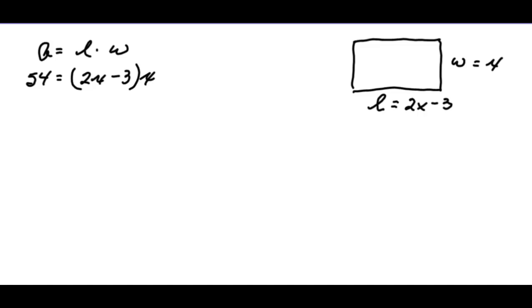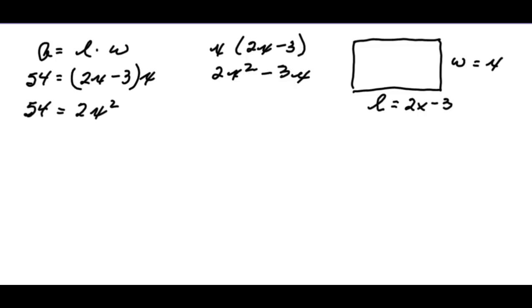Now, realize that in form that's sort of backwards, so because of the commutative rule, we can flip that around and make it x times 2x minus 3. When we multiply that across, we get 2x squared minus 3x. So now we know our 54 square feet is equal to 2x squared minus 3x.